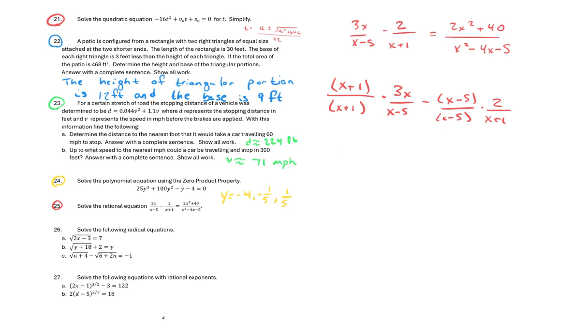So this is going to be equal to 2x squared plus 40 over, so now if I'm going to factor this, I need to think of two numbers that multiply to -5 and add to -4.